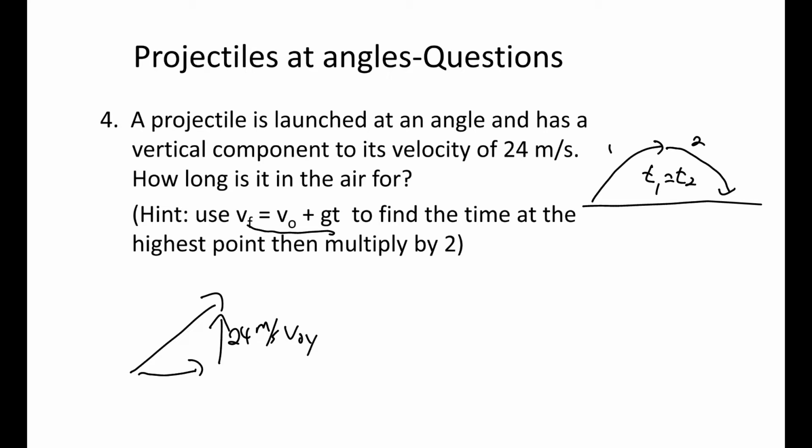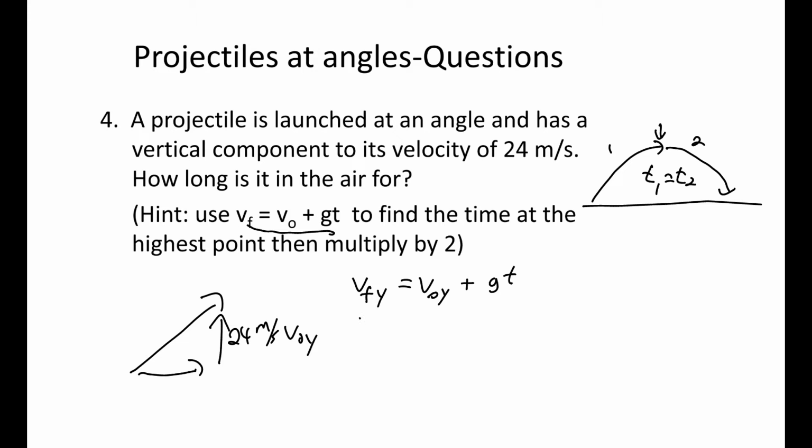So all we do is we say, what's our final vertical velocity up here going to be at that point? 0. So vertical velocity at the highest point is still 0. So we're going to say final velocity in the y direction equals initial velocity in the y direction plus gravity times time.